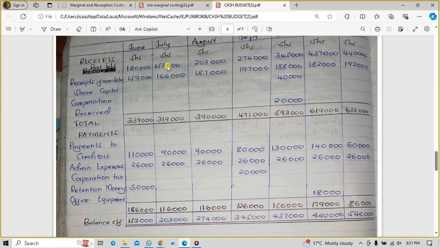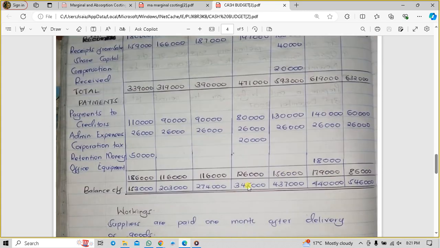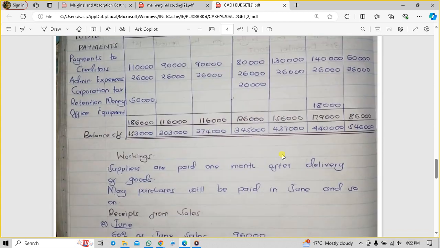Okay. Then this same balance in the month of July becomes the opening balance in the month of August. You can see 203,000. 274,000 becomes the opening balance in September. 345,000 in October.